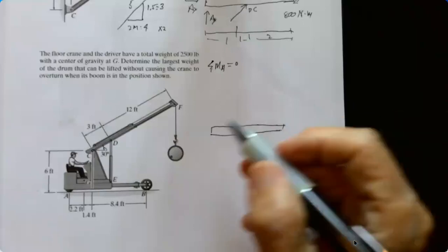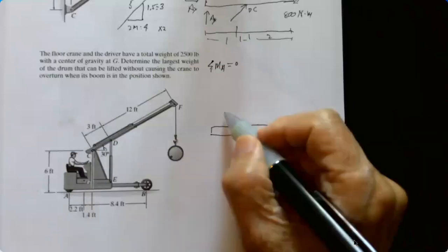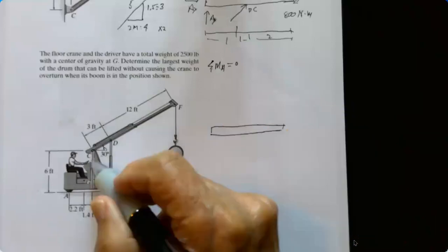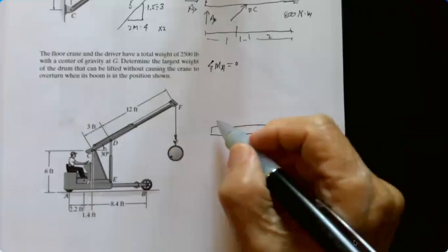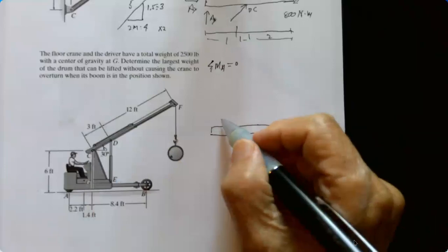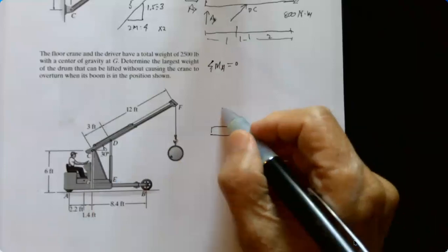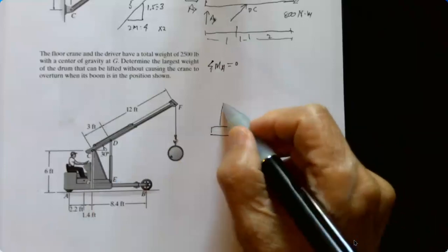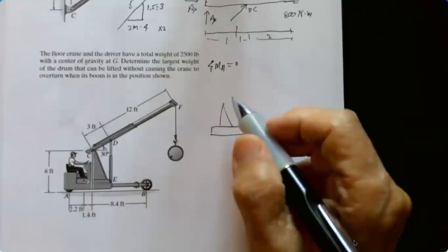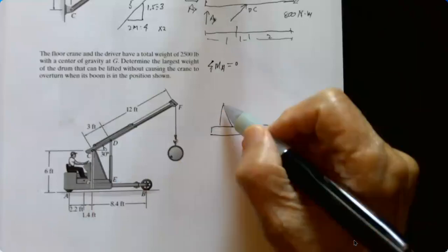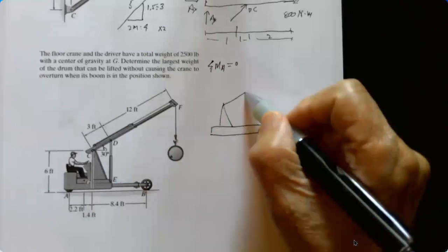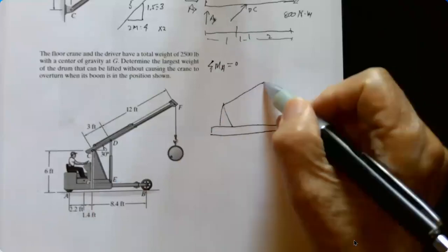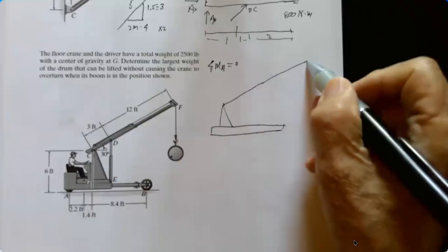I'll simplify this area where the driver sits and do something like this. And so I can attach the crane, and it's going to extend past the end.